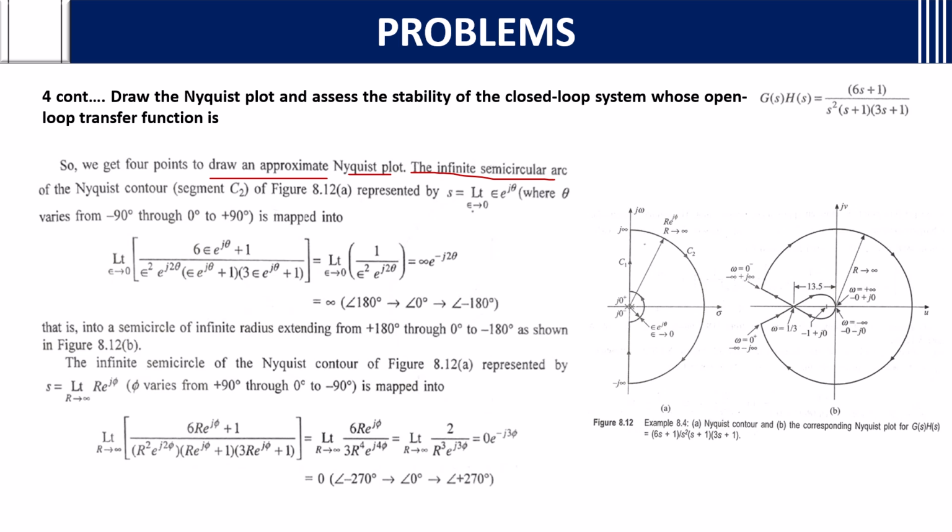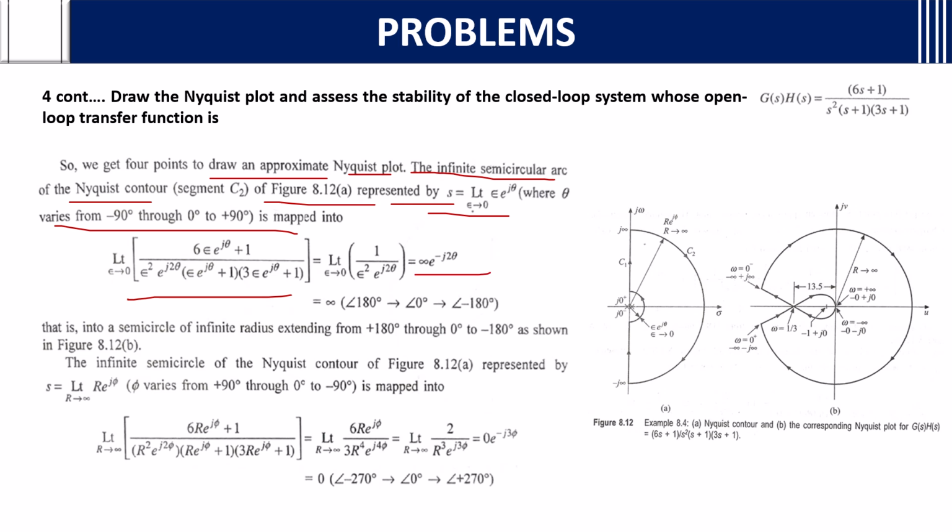The infinite semicircular arc of the Nyquist contour, segment C2 in figure 8.12a, is represented by s equals R e power j theta, where theta varies from minus 90 through 0 to plus 90. If you substitute and take the limit as the variable tends to infinity, you will get infinity into e power minus 2 j theta.